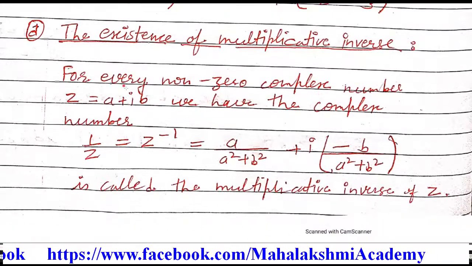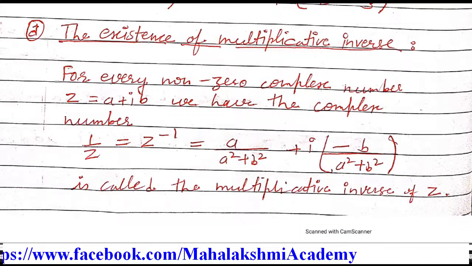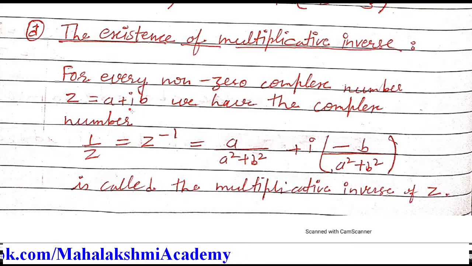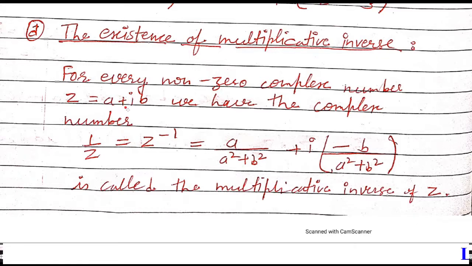So for that, for every non-zero complex number z equal to a plus iota b. Firstly, the complex number should be non-zero, and if the complex number is non-zero, then its multiplicative inverse is surely present. And that multiplicative inverse formula is going to be, first, how we will represent it. The multiplicative inverse we used to represent by its reciprocal.